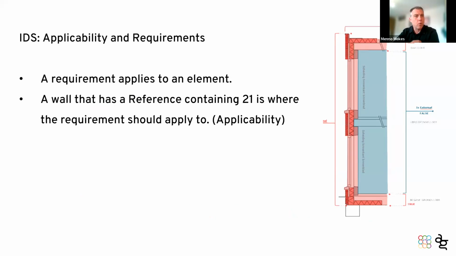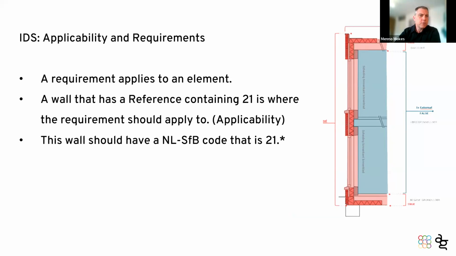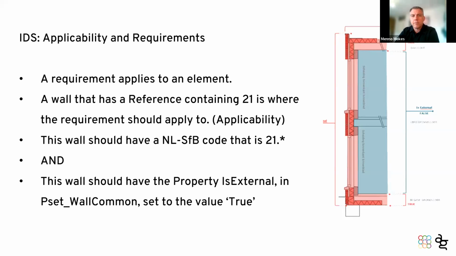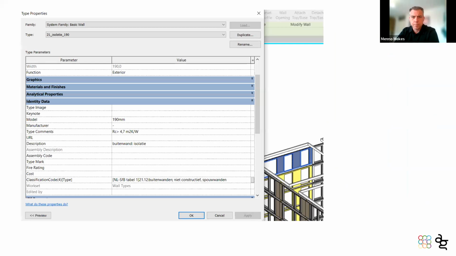So here we say a wall that has reference containing 21 is where the requirements should apply to, the applicability. So this wall should have an NL-SfB code that is 21 dot something, and this wall should have the property IsExternal in the Pset_WallCommon set to true. Those are the two requirements.